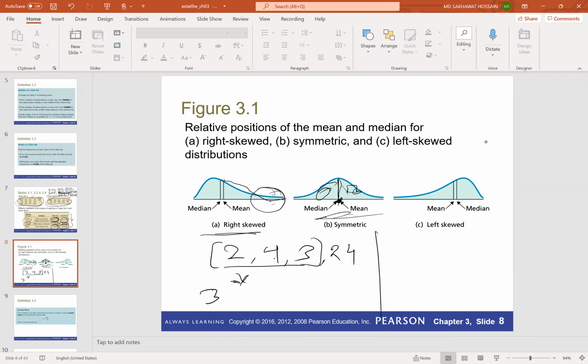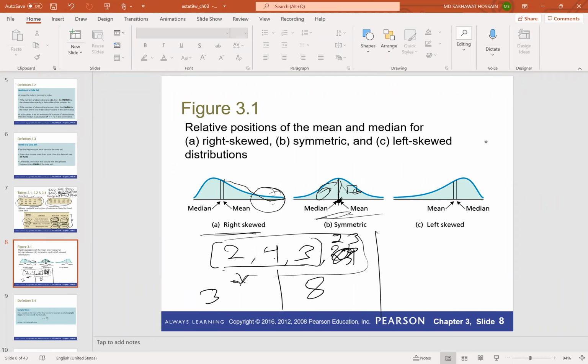Now, if you consider the whole data set, 2, 4, 3, and another number, maybe 24. Let's consider this is 23. What is the average of these 4 numbers? 9 plus 23 is 32, and if you divide by 4, the average will be 8.